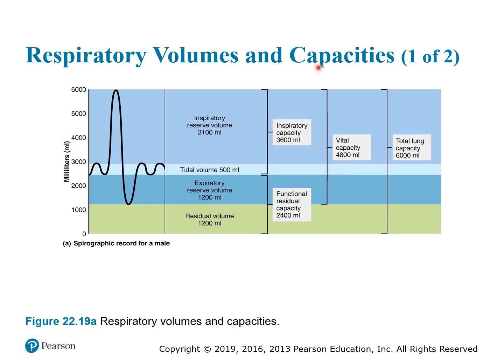Then we have vital capacity, which contains inspiratory reserve volume, tidal volume, and expiratory reserve volume. Then we have total lung capacity, which is all of this. It contains all four volumes: inspiratory reserve volume, tidal volume, expiratory reserve volume, and the residual volume.